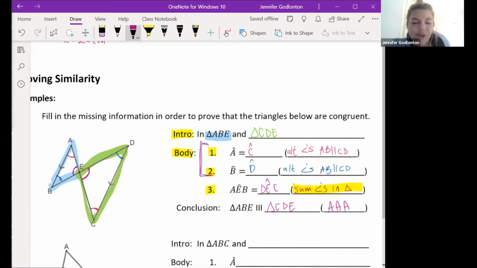Okay. So the next one that I've got here, for those of you who are feeling lost, I don't want you to panic. I've still kept the same skeleton as the last one. Yes, Kira, good.